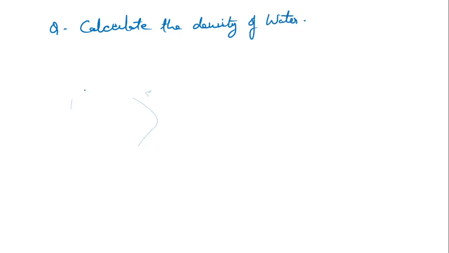Now let us say we have to calculate the density of water. Then how do we calculate? First of all we have to consider the volume of the water. For calculating the volume, we have to put the water inside a vessel whose volume we already know.